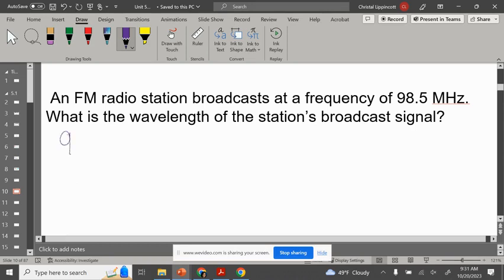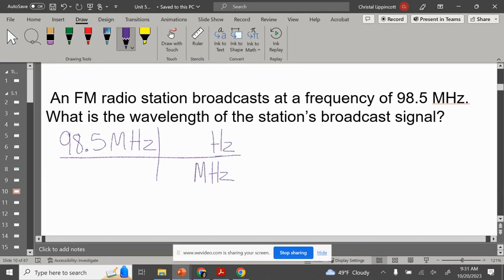So 98.5, that's megahertz. I need to get rid of megahertz. So is megahertz going to go on the top or the bottom? The bottom. So I'm going to do megahertz down here, and hertz on the top. And this is probably a conversion factor that you're going to want to write off on the side, highlight, do something with so you can get back to it.